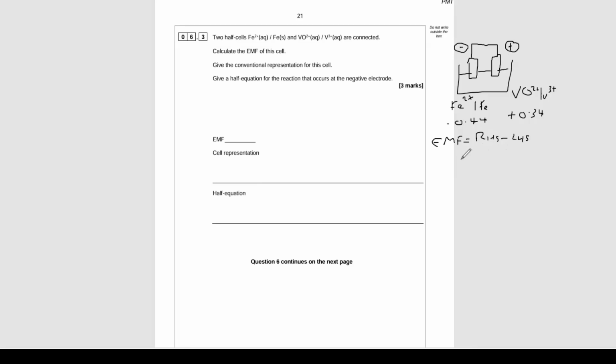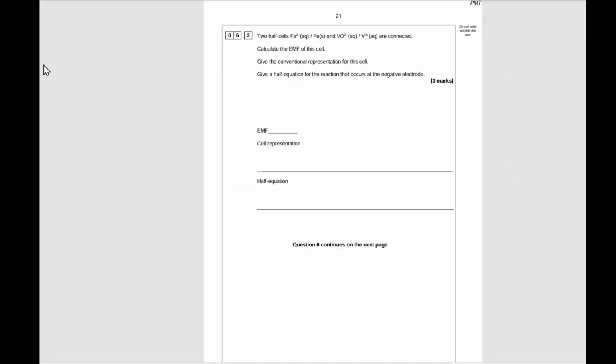So we're going to go 0.34 minus minus 0.44. When you take away minus 0.44, the minus minus becomes a plus. So we're going to get an EMF of 0.78.